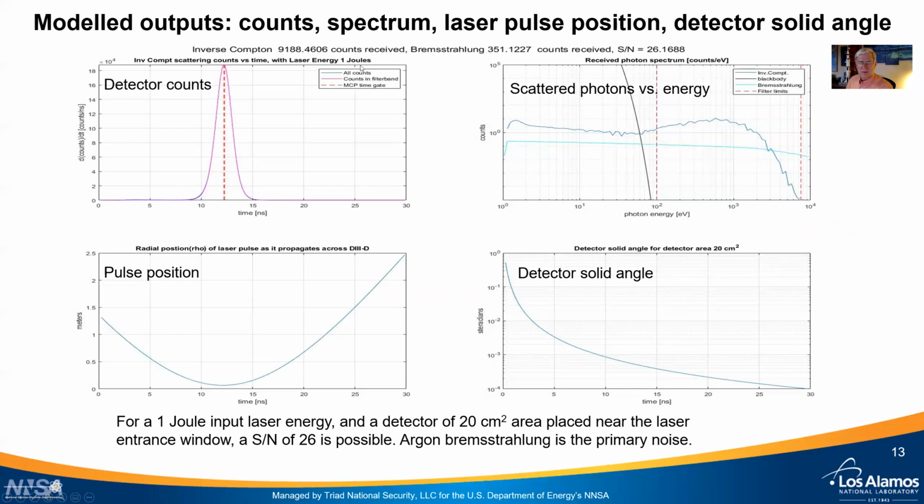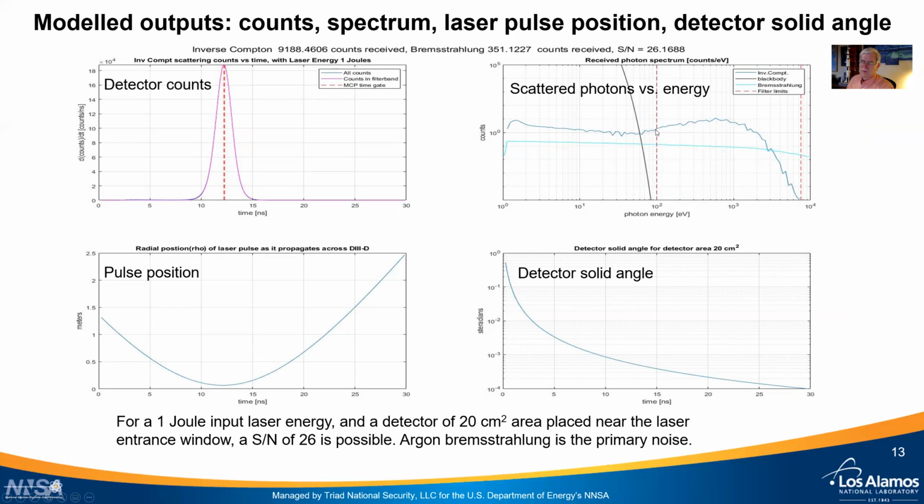Then in this case of 1 joule laser energy input, we would see 10,000 counts, a signal to noise ratio of over 20 to 1, with the background noise primarily coming from argon bremsstrahlung. The argon is presumed here at 10 to the 13 per cubic centimeter, and that's due to the residual argon from the argon ice pellet, which we assume triggers our disruptions in DIII-D.